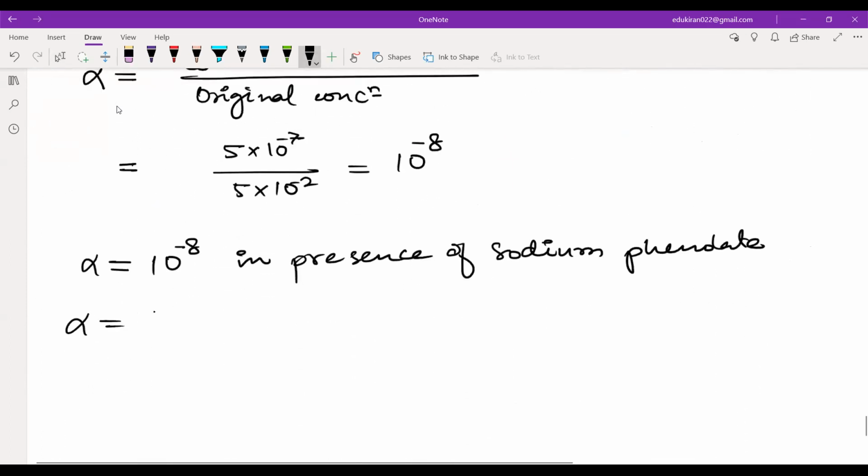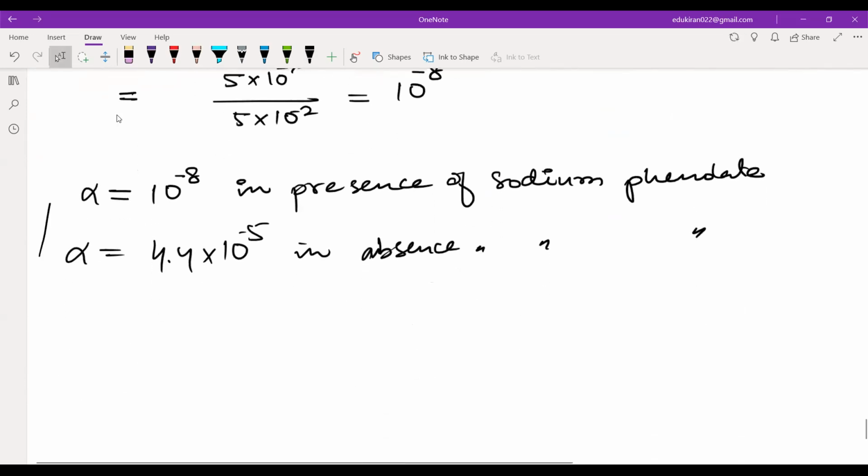Alpha is equal to 4.4 into 10 to the power minus 5 in the absence of sodium phenolate. So you can see that there is a decrease in the degree of dissociation if I add a common ion. Correct? There is a decrease: 10 to the power minus 8 is less than 10 to the power minus 5.